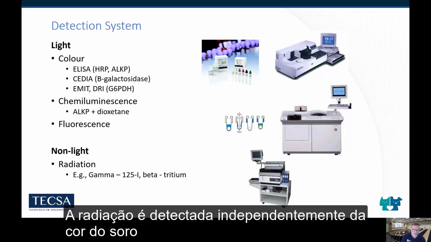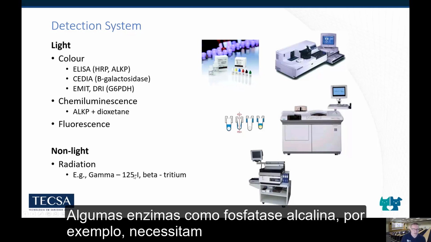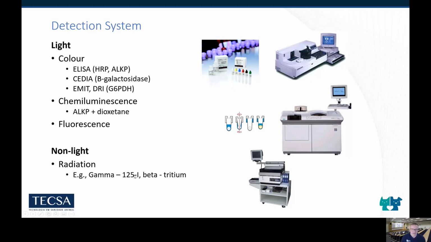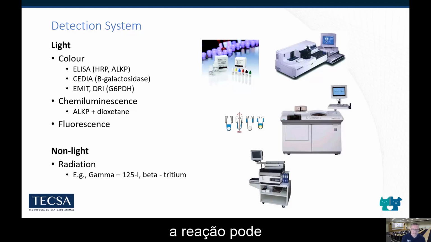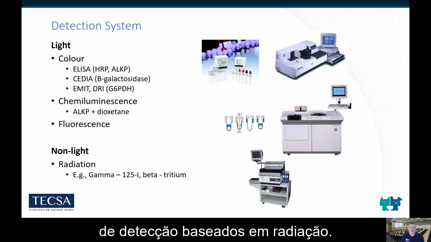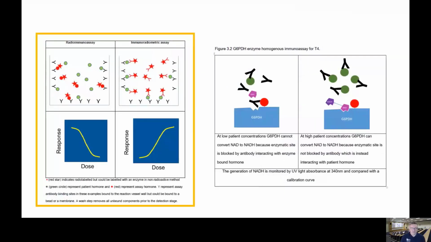The radiation can still get through no matter what color the serum is, and it doesn't depend on an enzyme working. Some enzymes, for example alkaline phosphatase, would need metallic cofactors, and if the sample has been taken in EDTA, which will have bound out those cofactors, then that reaction can't proceed, and so a false result would be generated. But that's not something that would affect a radiation-based detection system.